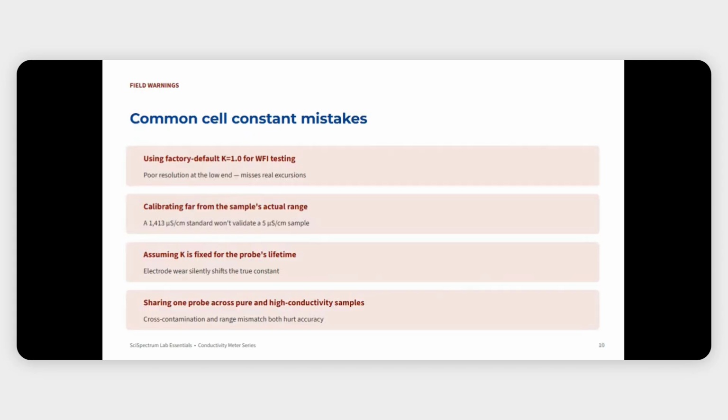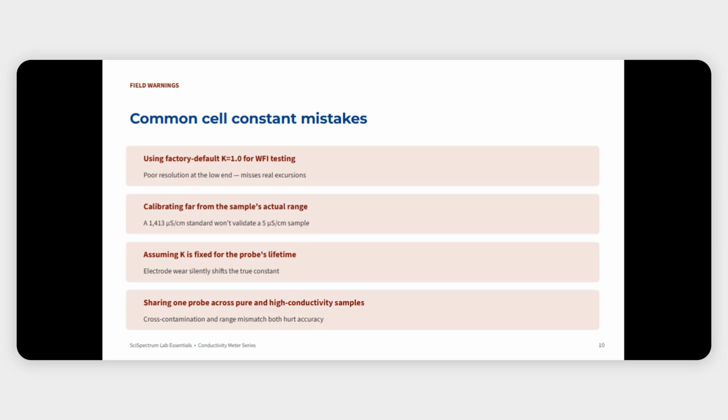A few mistakes I see constantly: using the factory default K equal to 1 probe for WFI testing. The resolution at that low end just isn't good enough to catch real excursions. Calibrating with a standard solution nowhere near your actual sample range.